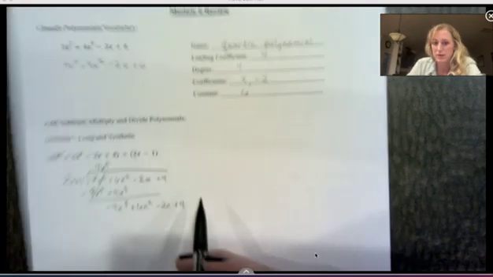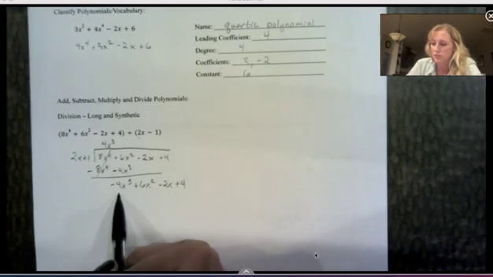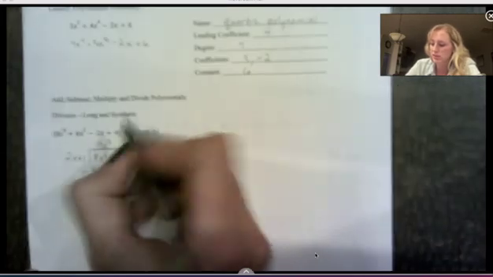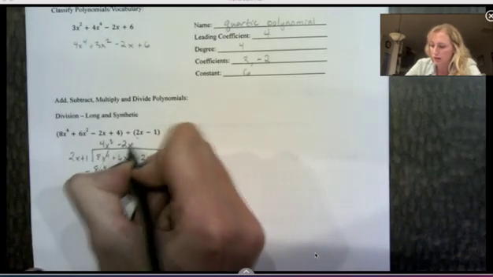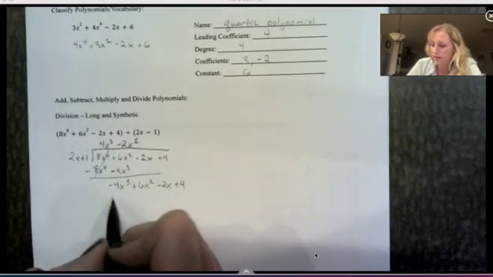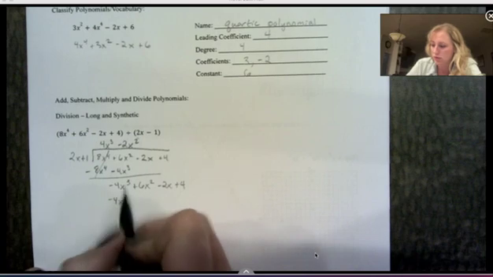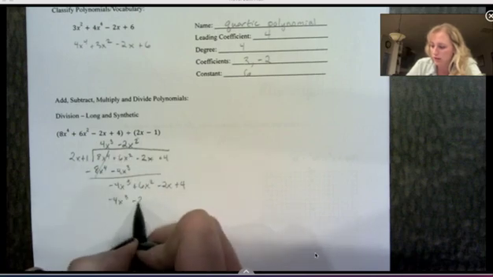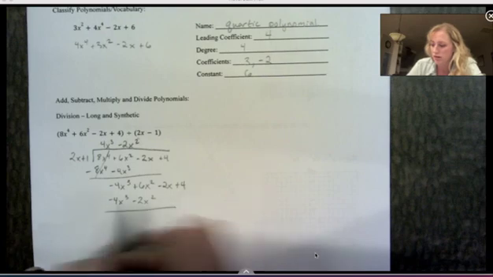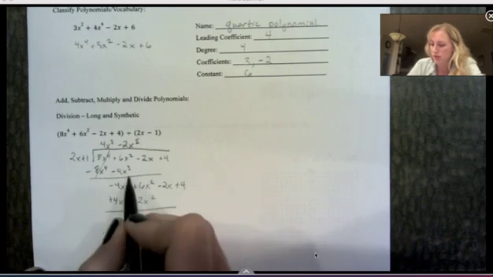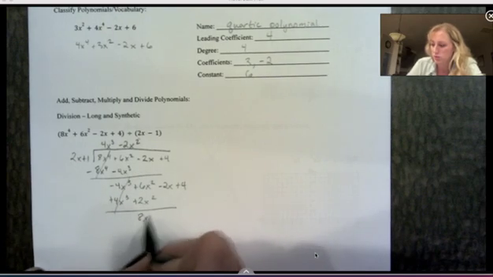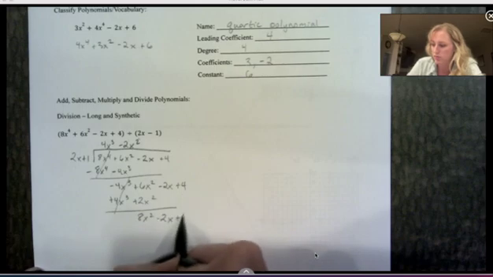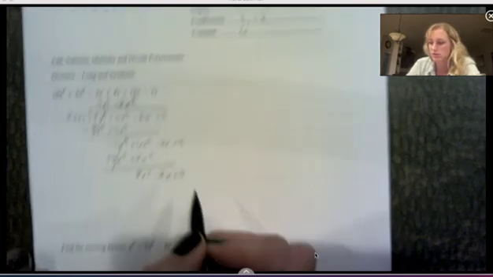Okay, and repeat. 2 times what equals -4x cubed? That's going to be -2x squared. Come through, multiply, get -4x cubed and -2x squared. Draw the line, change the signs. Cancels. 8x squared minus 2x plus 4, bringing down those last two terms.